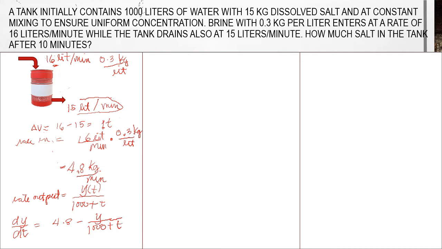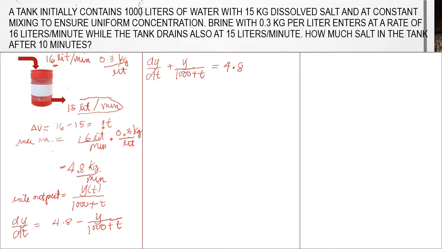And if we arrange that here, dy over dt, this becomes plus y over 1000 plus t, which is equal to 4.8.